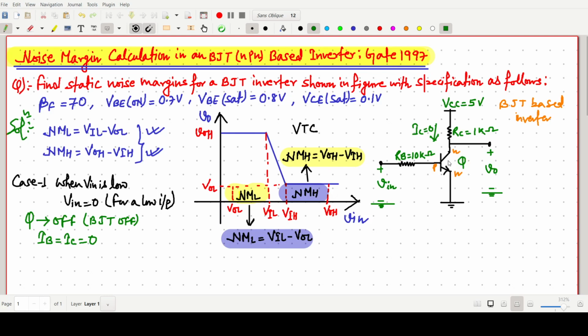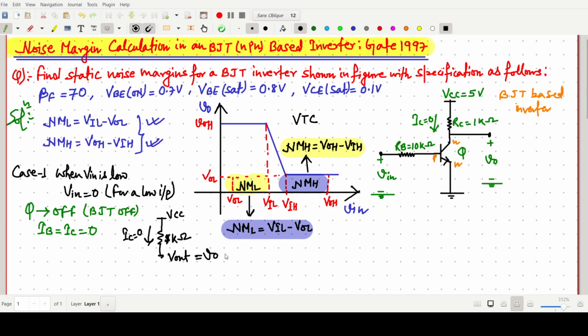For the time being, I am just redrawing the circuit. This one is VCC, and this one is a 1 kilo ohm resistance, and the transistor is off, so IC equals 0, and we have to find this value, V output, that is our V naught.